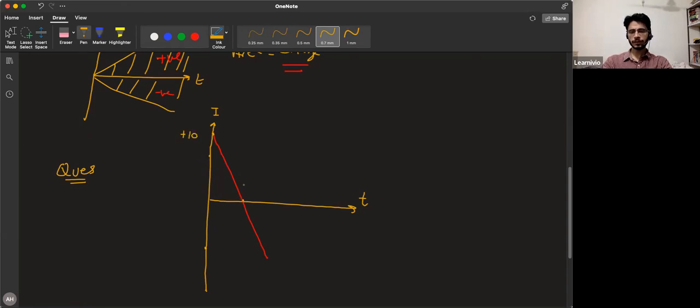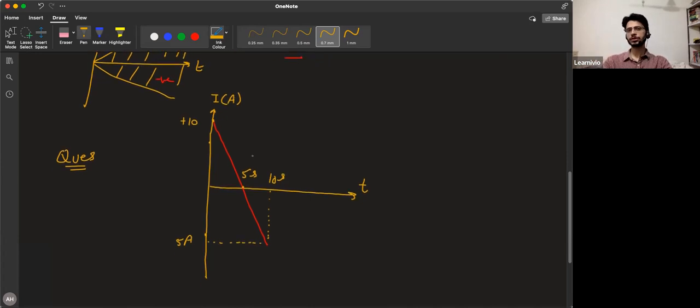This time instant is 5 seconds. This time instant is 10 seconds. And this current is minus 5. That's your current versus time graph.